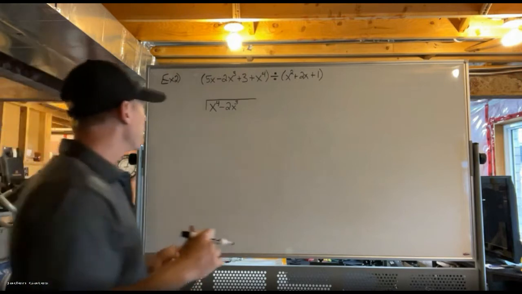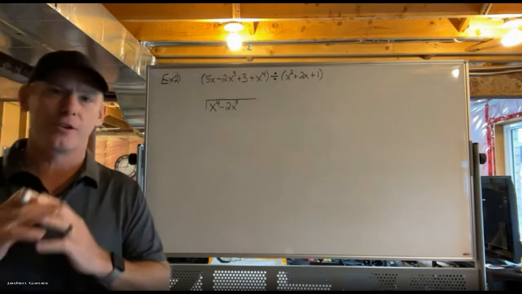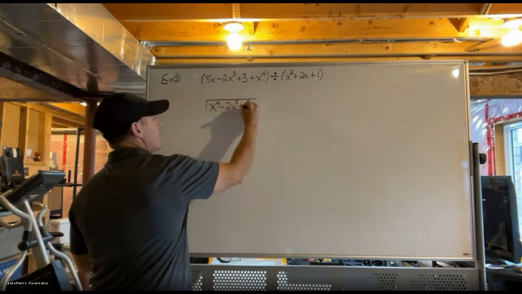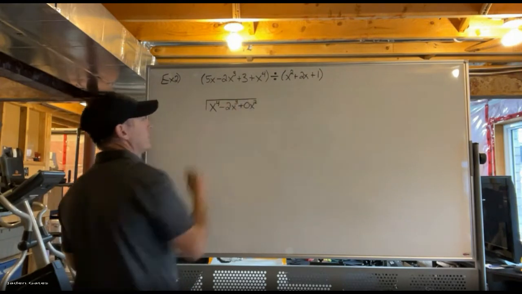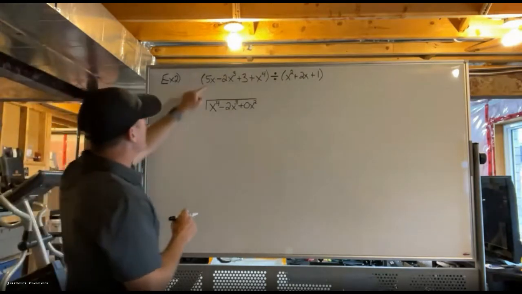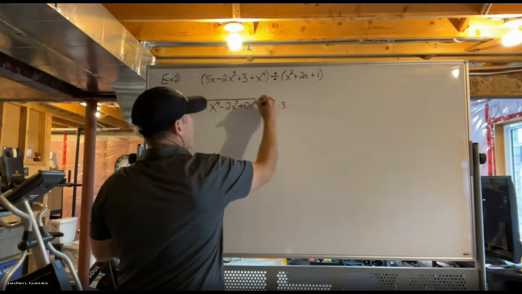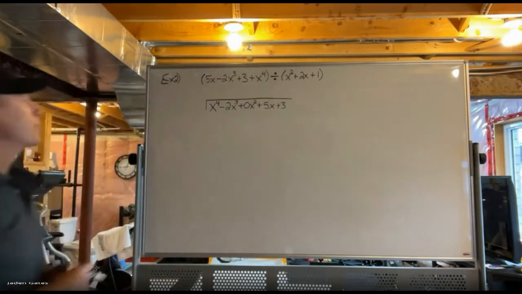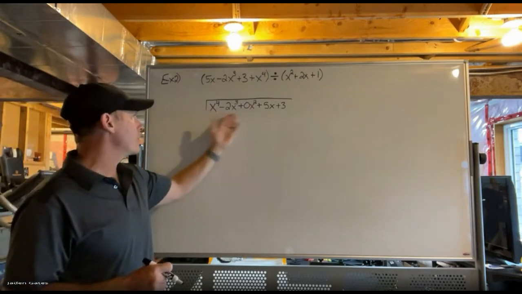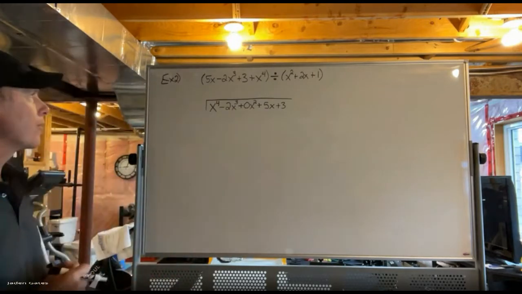So what I always do, so I don't forget, because if you forget, your answer is just going to get completely messed up, is that I'm going to put a plus 0x squared. We don't have any, but I want to have a placeholder for it. All right, now my x term, I have a 5x, and then I've got a plus 3.